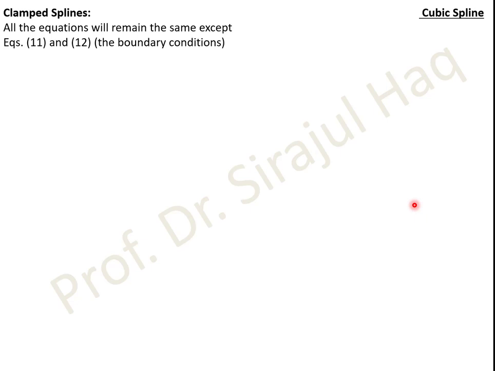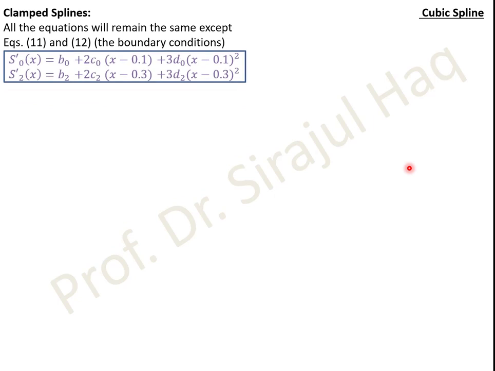It means that the first 10 equations will be the same. Only change will occur in equation number 11 and equation number 12, because you know that in case of clamped splines, S0 prime at x0 is equal to f prime at x0.